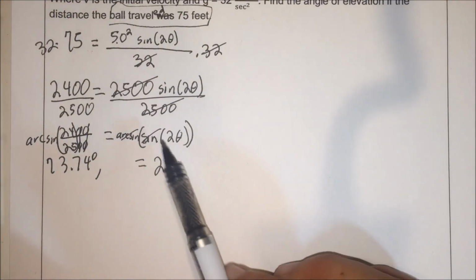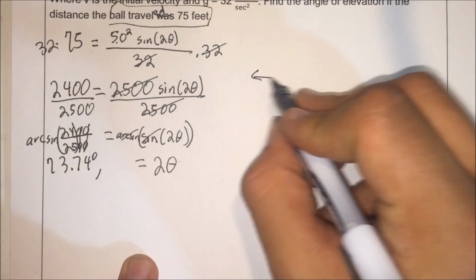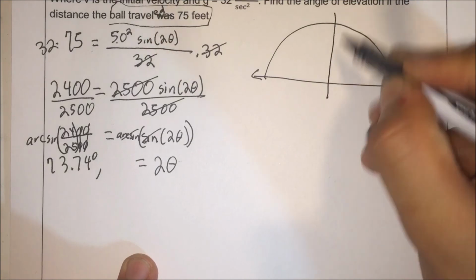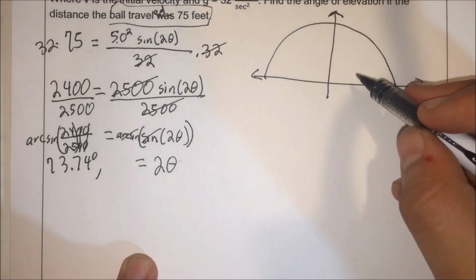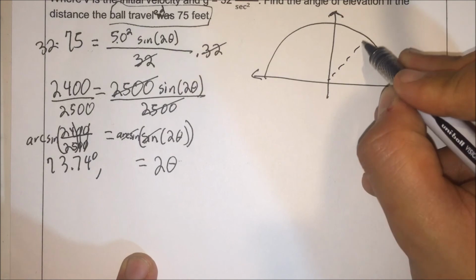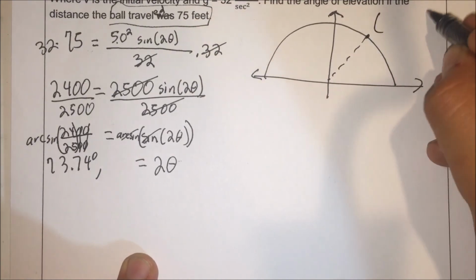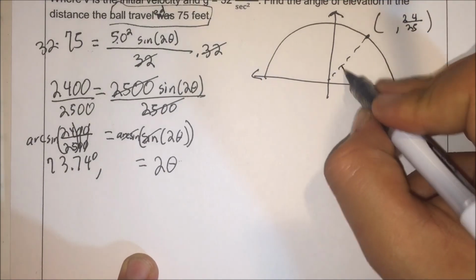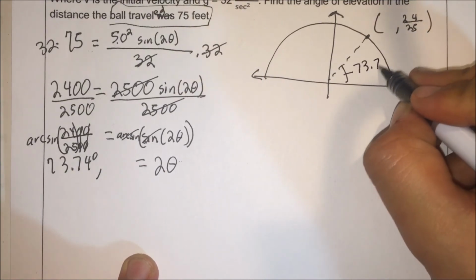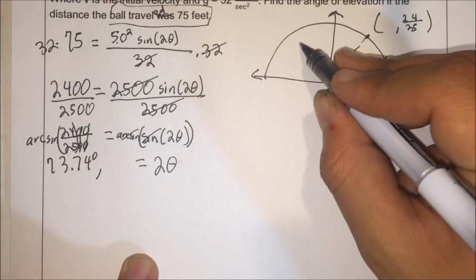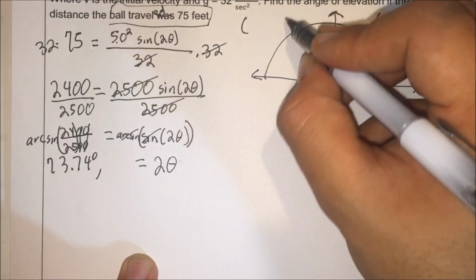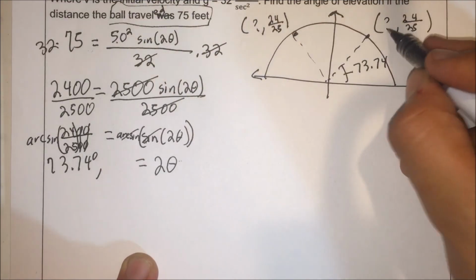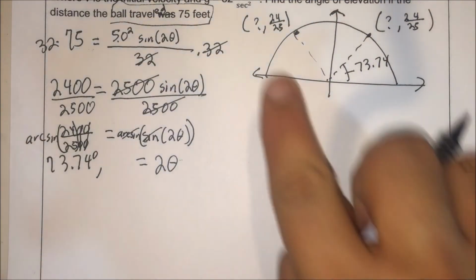But again, remember there is another angle here. If we have the top half of our unit circle, I'll explain this one more time. The coordinate that would give you the 24 over 25 over here, which we just found out is 73.74, there should also be another coordinate where 24 over 25 is over here as well.